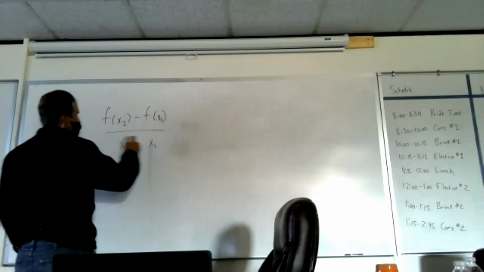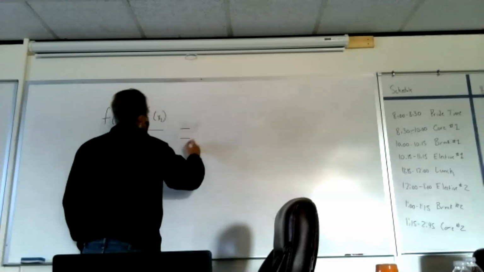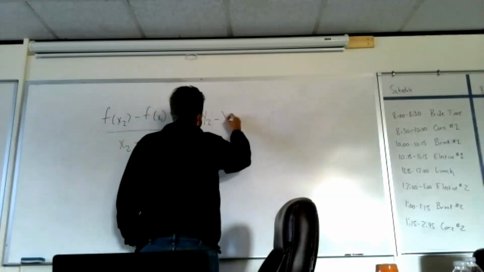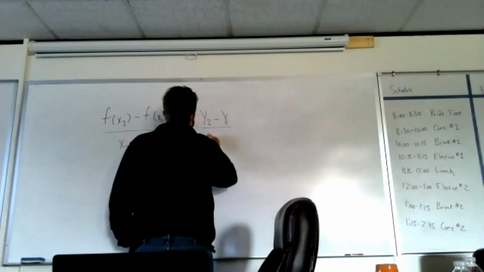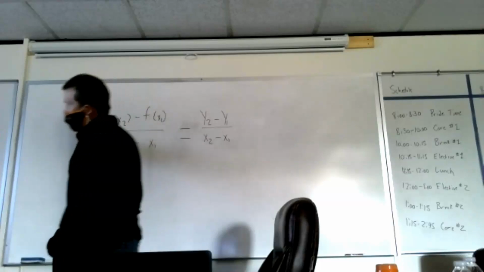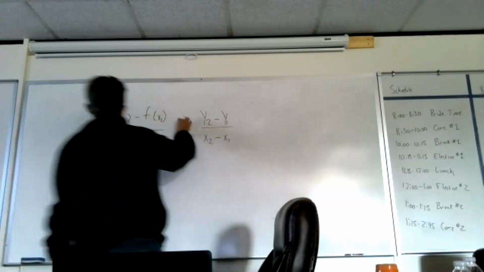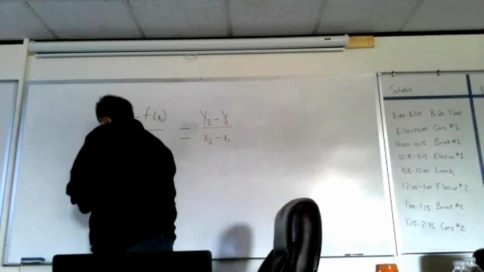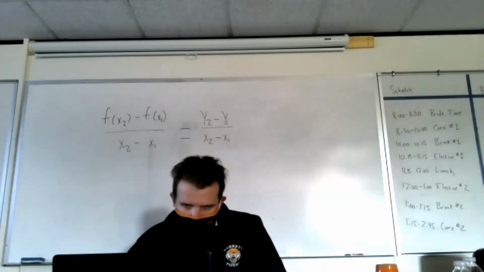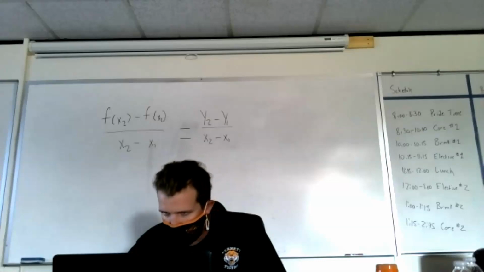What we have to understand is that this is equivalent to y2 minus y1 over x2 minus x1. This is just the function notation. This is the way that you probably had the most experience with it, but it's just the slope formula. It's the formula to find slope.